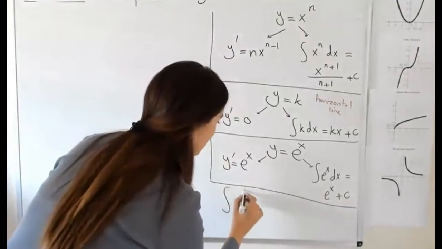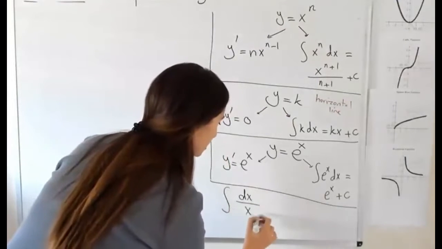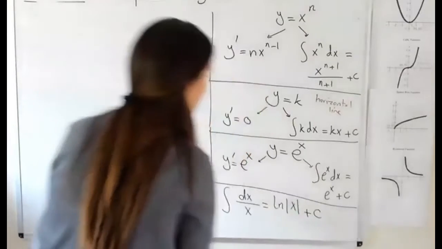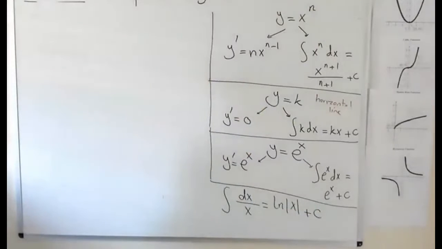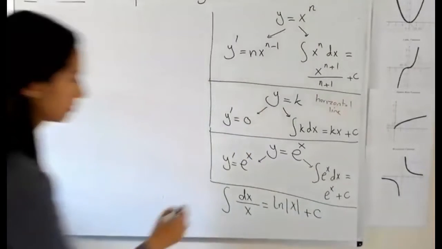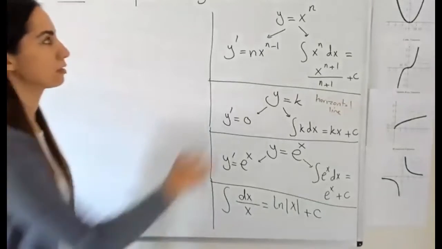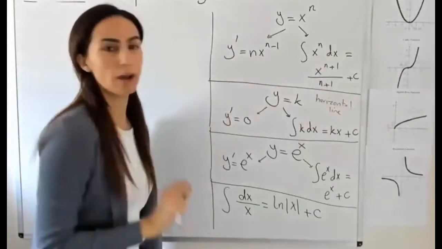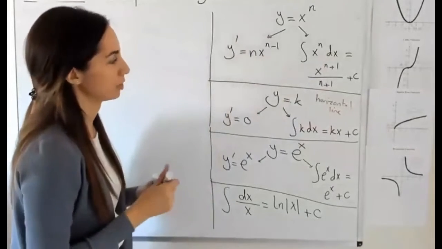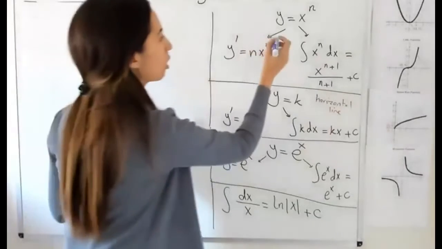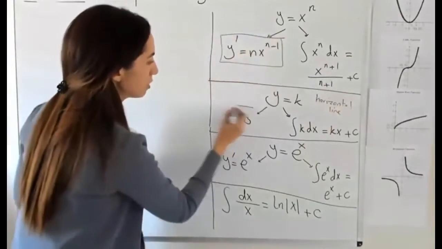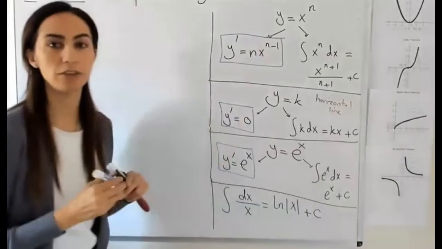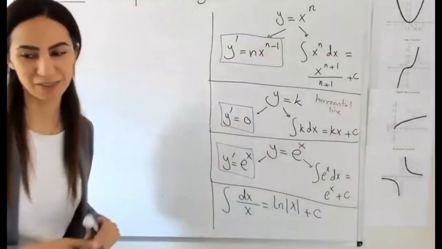Integral of dx divided by x is defined as ln of absolute value of x plus c. So these are important formulas for how to find the integral or antiderivative of a function. We already learned about the derivative. Now here you have the antiderivative or the integral of these functions.